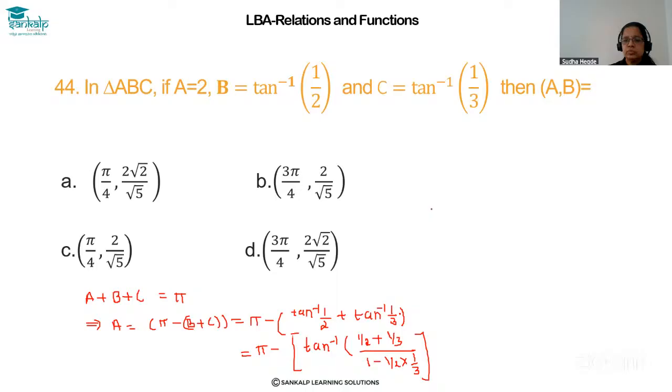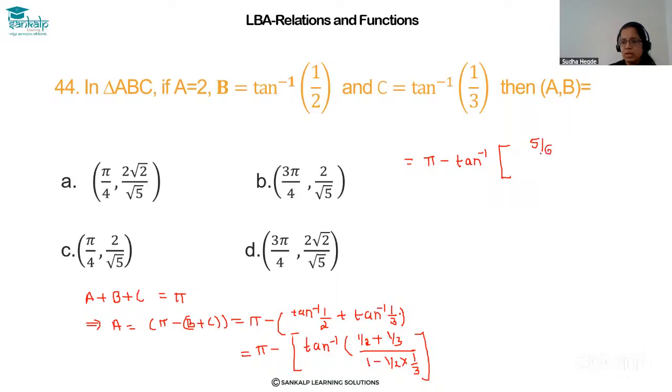Correct? So that is equal to pi minus tan inverse. Take LCM and simplify. What will you get? 3 plus 2 divided by 6. That is 5 by 6. Correct? 5 by 6. Numerator 3 plus 2 divided by 3 into 2.